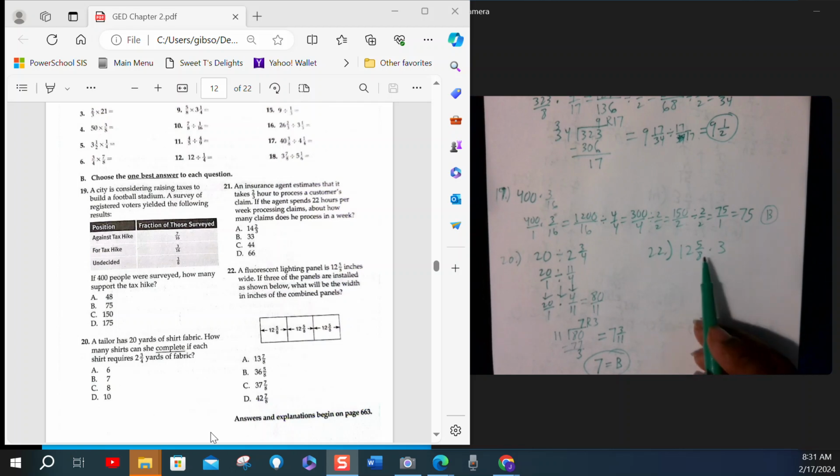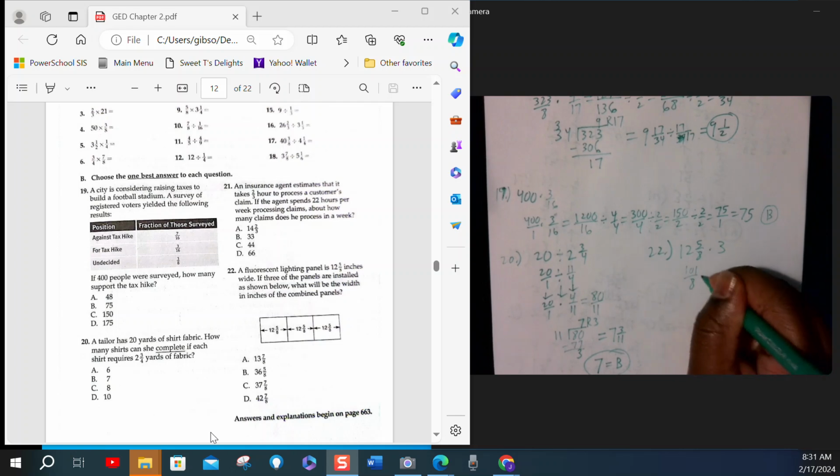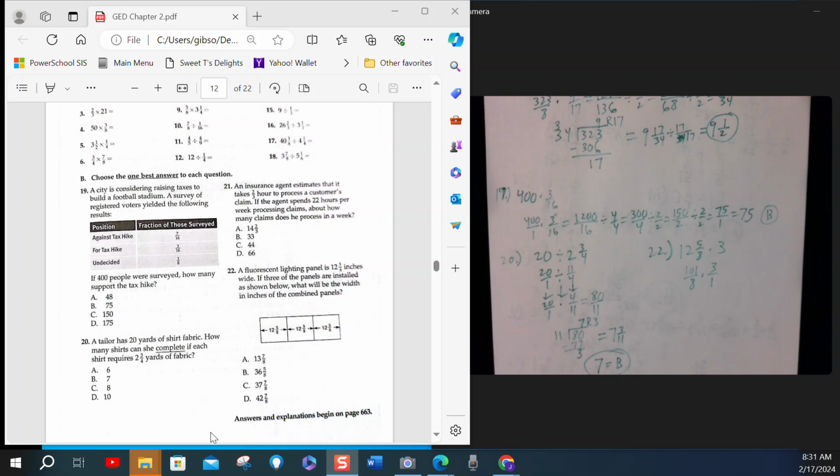So we will make this into an improper fraction. This would be 101 over 8 times 3 over 1, changing that whole number to a fraction and changing that mixed number to a fraction.